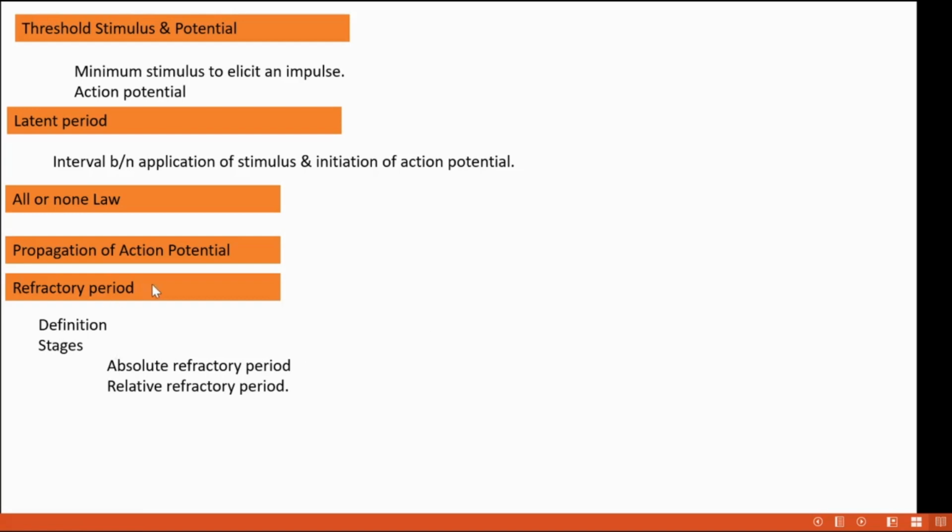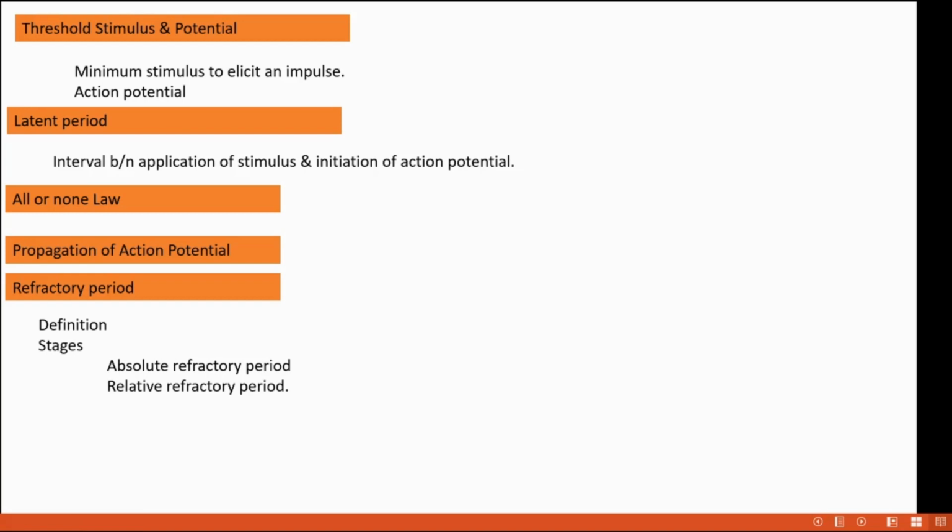In the nerve, after an excitement, after an action potential, that nerve cannot be elicited by a second impulse. That inactive period is called the refractory period. Understand? It is the period in which a nerve will not respond to a stimulus after eliciting an action potential.